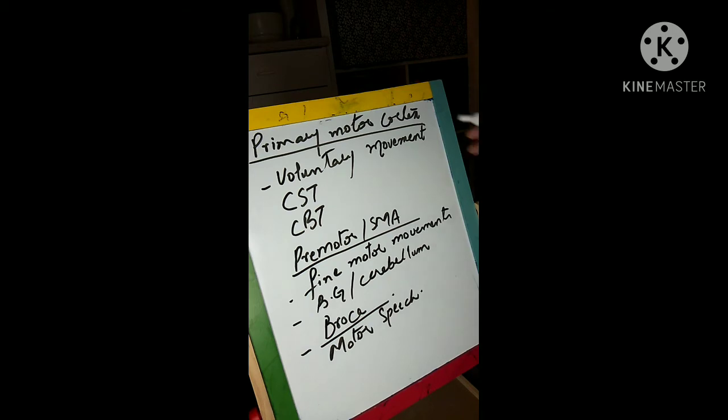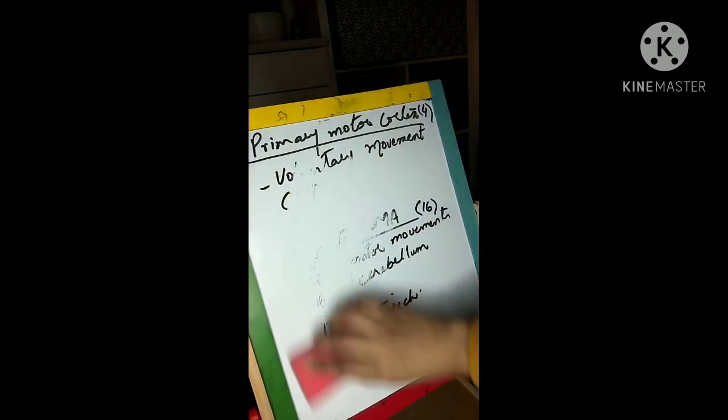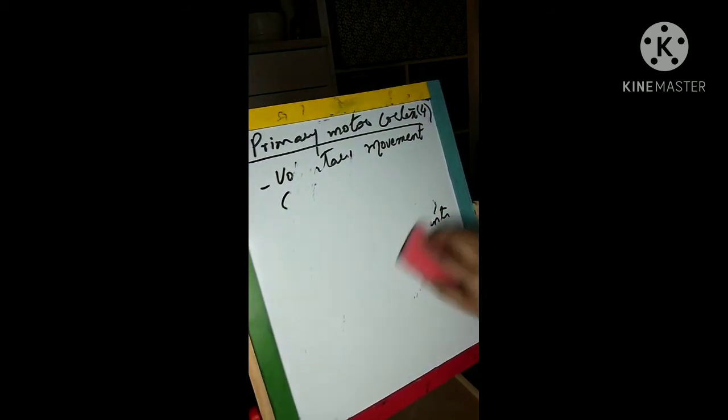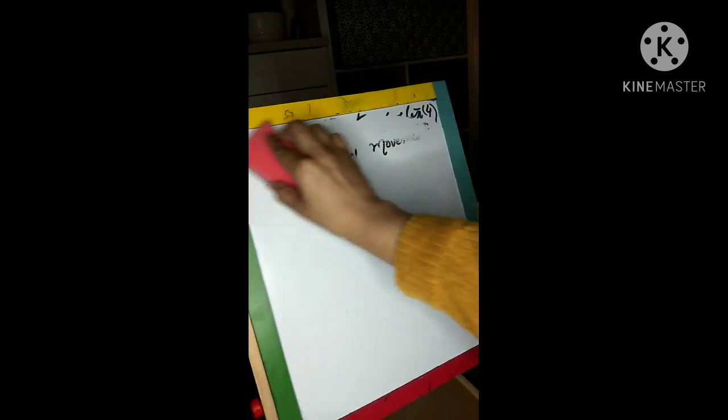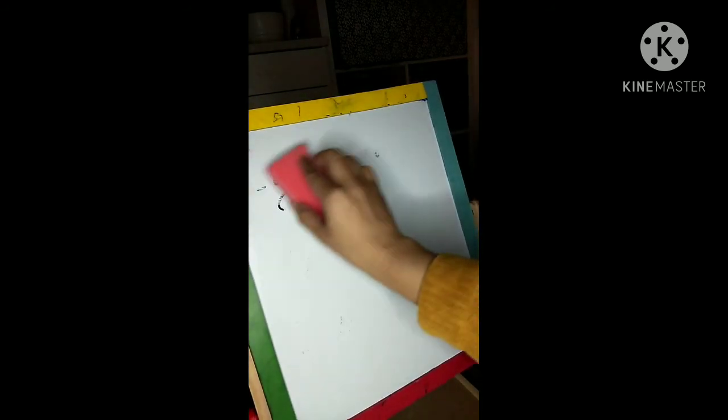And when Broca's area is damaged, the patient can understand what you are saying, but he or she cannot reply, because of the damage in the motor speech area. Premotor cortex Brodmann area is area 6, and this Broca's area is area 44.